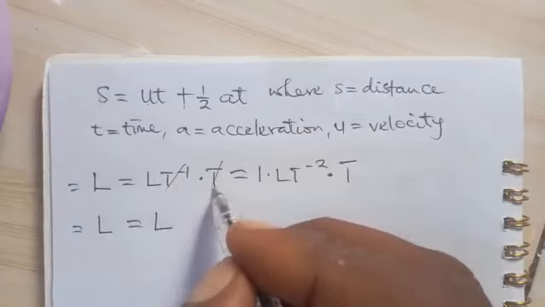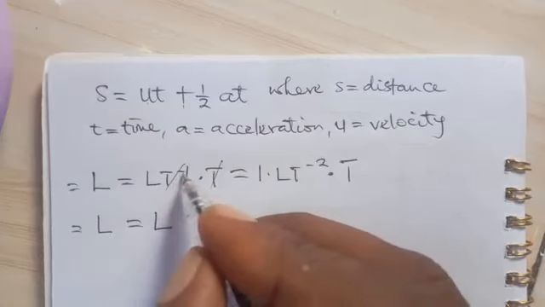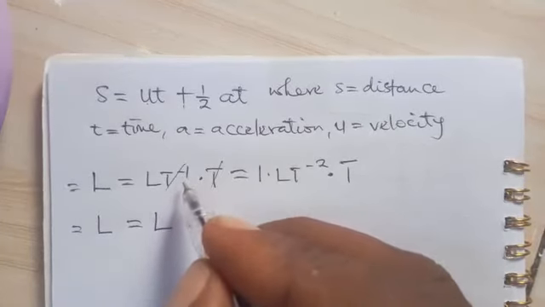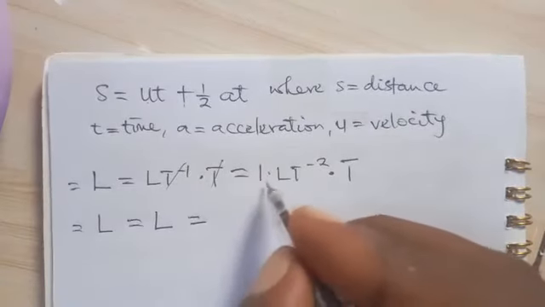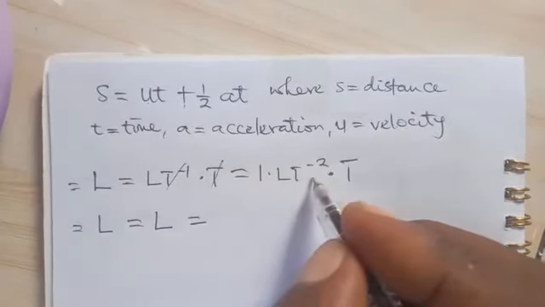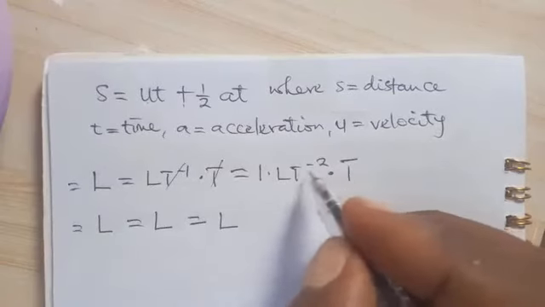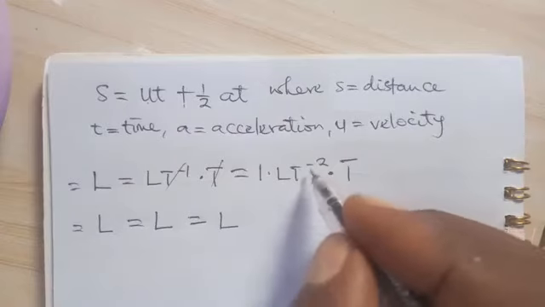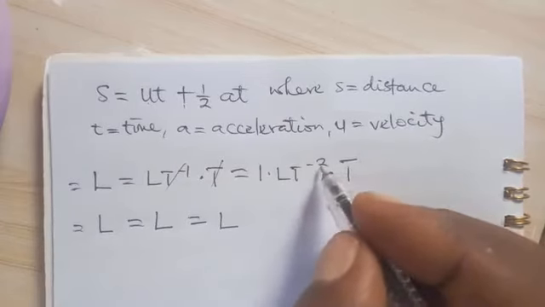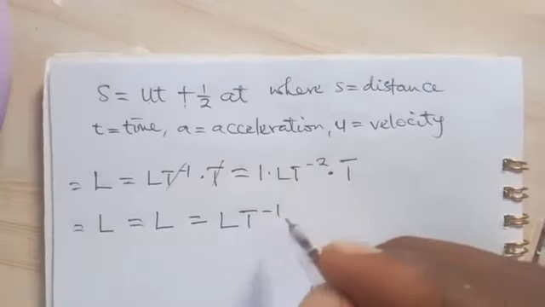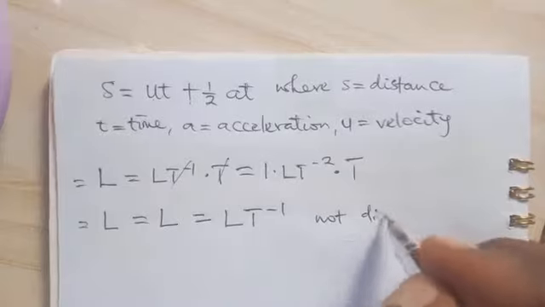It can cancel out this. Or another way of verifying that is minus 1 plus 1 is 0. Anything raised to power 0 is 1. So moving forward, we have this 1 times this is going to give you L. One of this will take out one of this, or you say minus 2 plus 1 will give you minus 1. So T minus 1. So you can see it is not dimensionally correct.